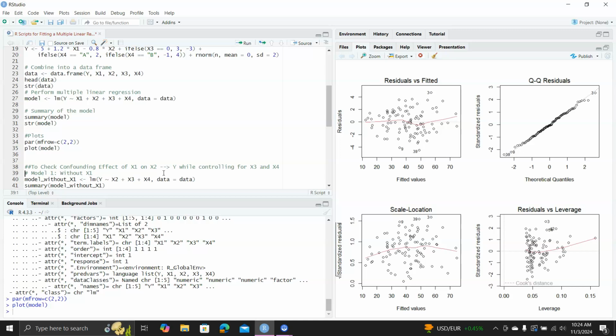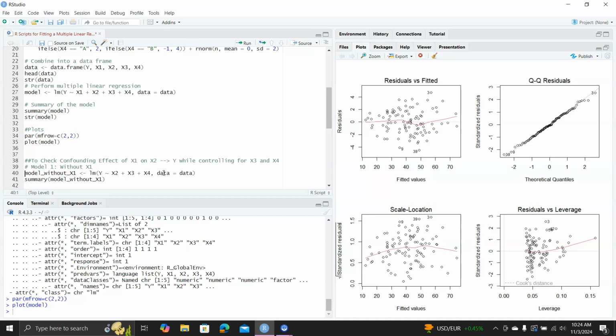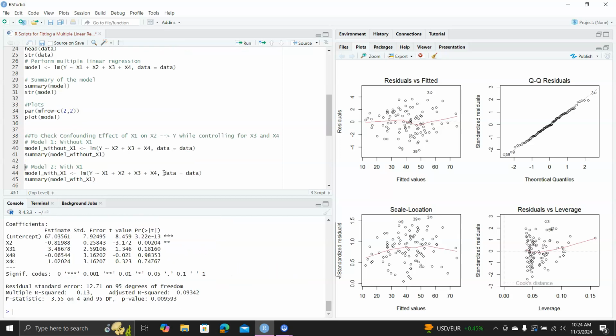Okay, so to check the potential confounding, we need two models. One is model one without x1. Okay, so we fit the model without x1, and we have the summary there, and then you get the beta coefficient for x2.